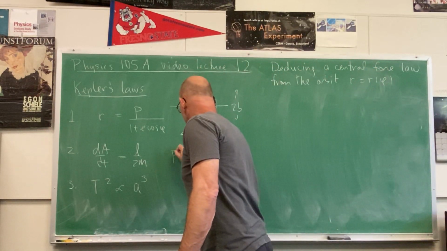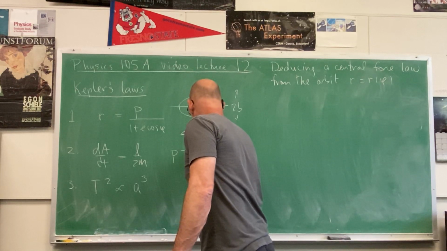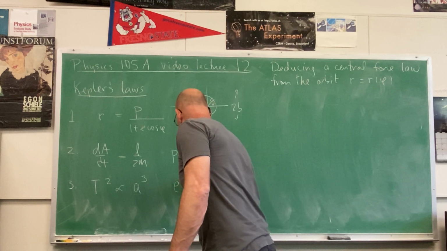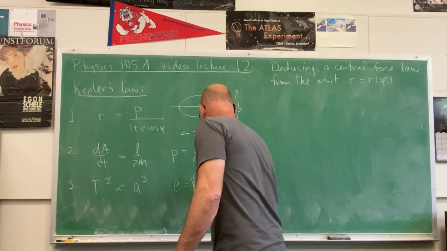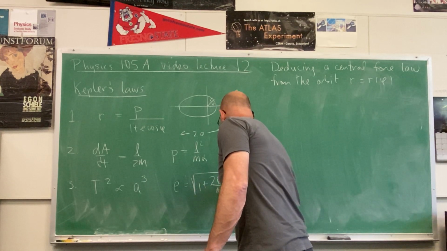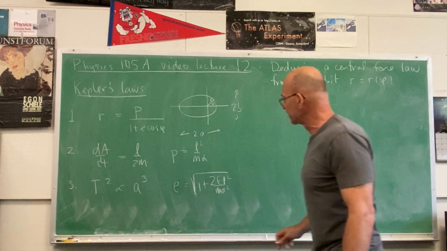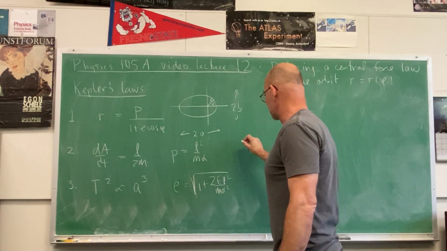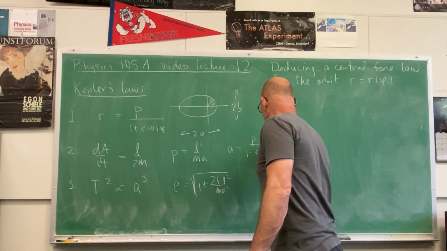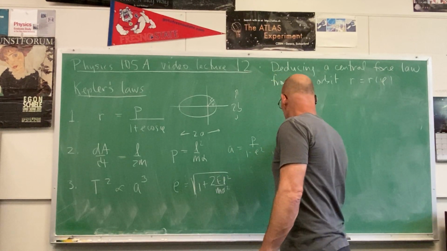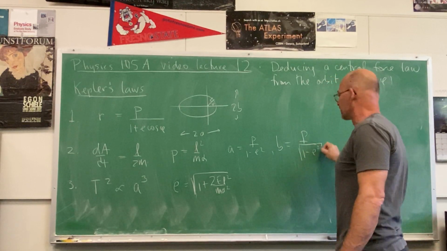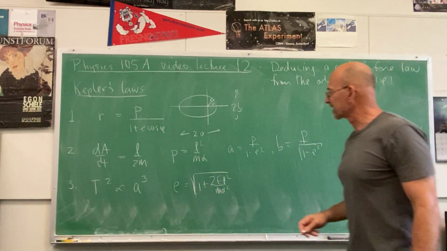So p is equal to L squared over m alpha, eccentricity e is the root of 1 plus 2E L squared over m alpha squared. And then also we need to know a is equal to p over 1 minus e squared. b is equal to p over the root of 1 minus e squared. So yeah, those should all be correct.